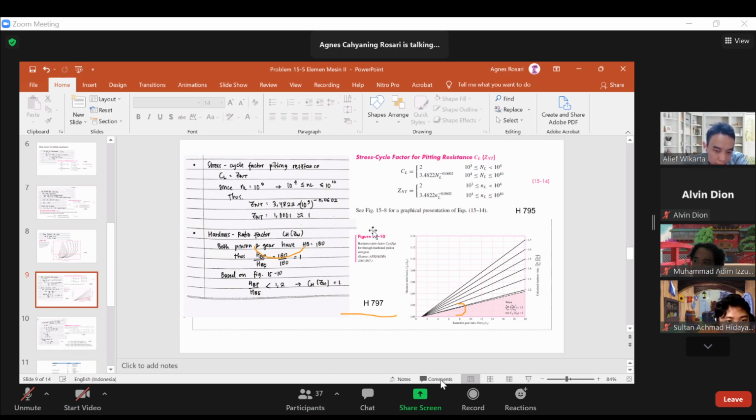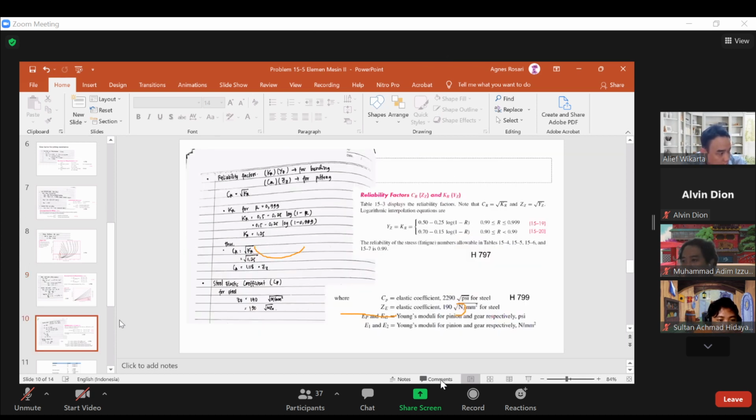So from figure 15-10, if the Brinell number of pinion divided by Brinell number of gear is less than 1.2, the hardness ratio factor is equal to 1. So we got the hardness ratio factor equals 1.